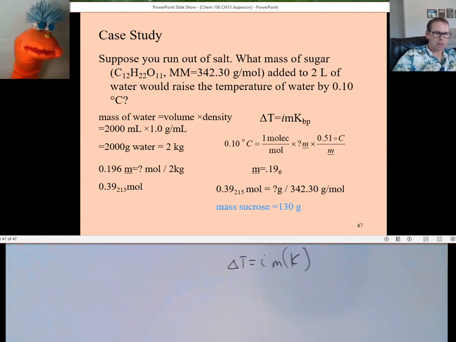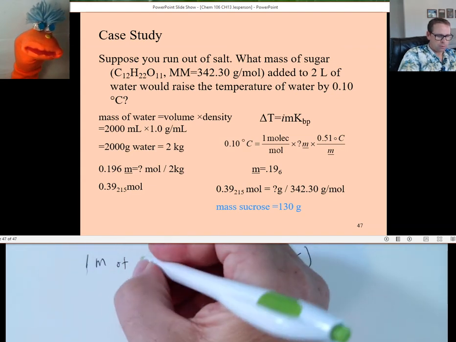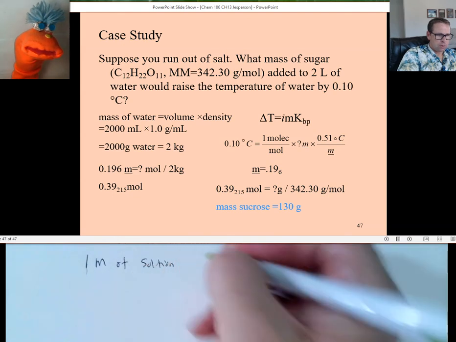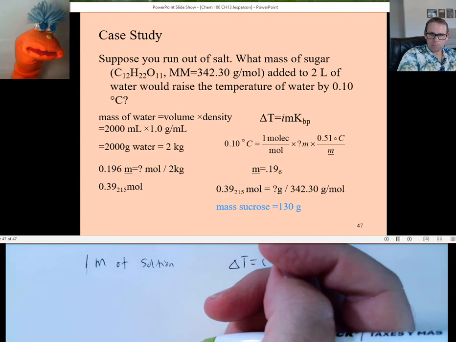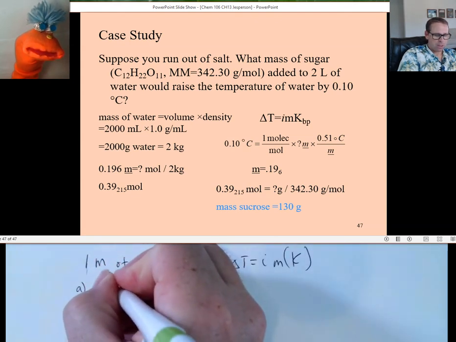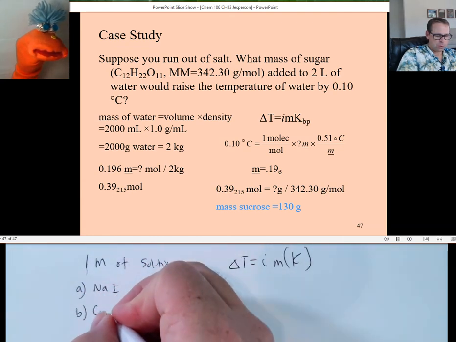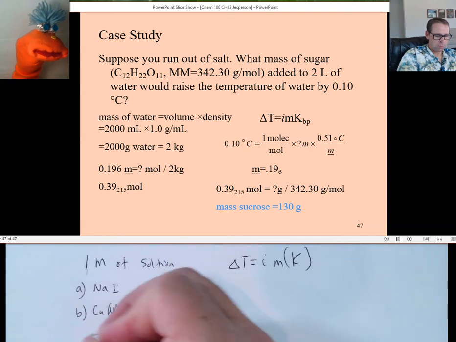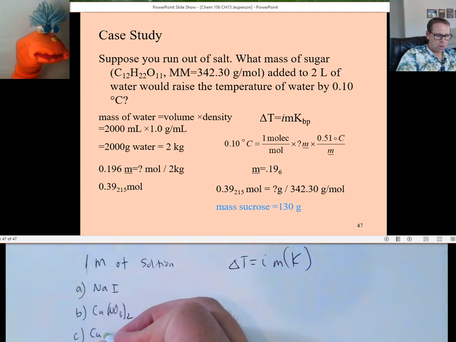If I have 1 molal solution for each of the following salts, which will have the highest boiling point? Sodium iodide, copper nitrate, copper carbonate.